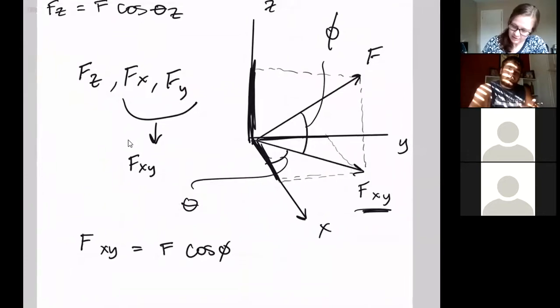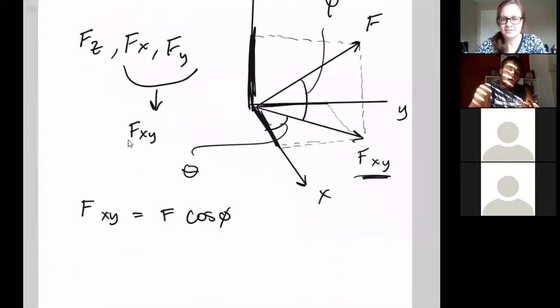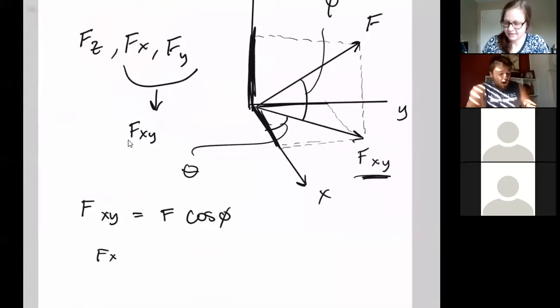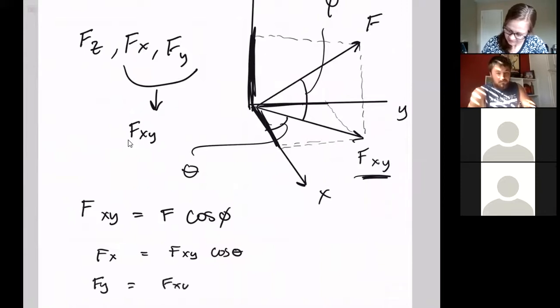But now you have to go more steps to actually find F of x and F of y by using that theta. So we're going to continue using F of xy, but now for the F of x, we'll use cosine of theta. F of y will be F of xy times sine of theta.